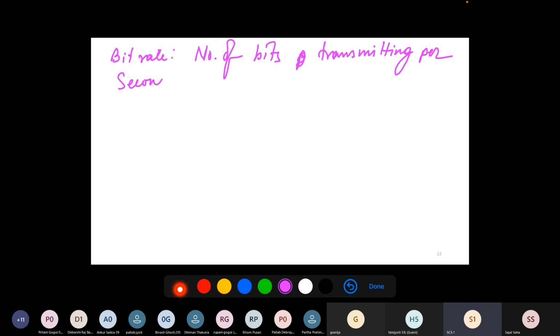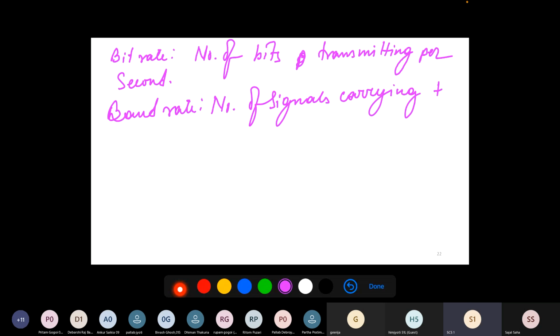Okay, and baud rate is the number of signals carrying the bits per second. Okay, now suppose my bit rate is 4.